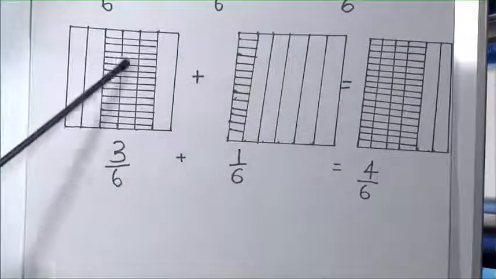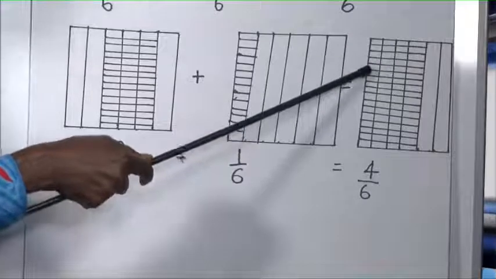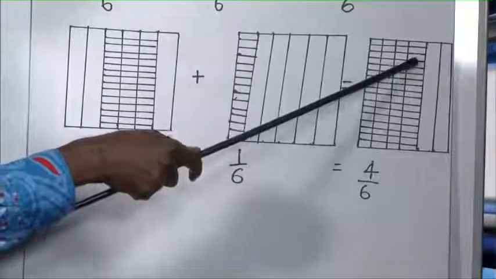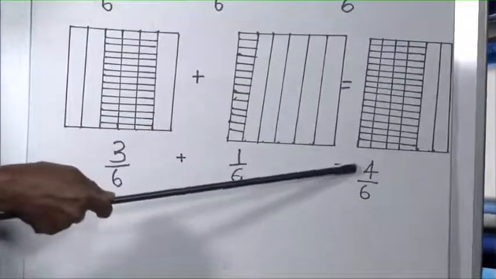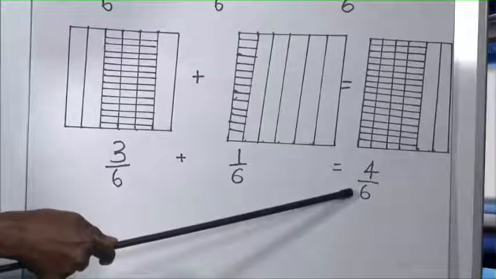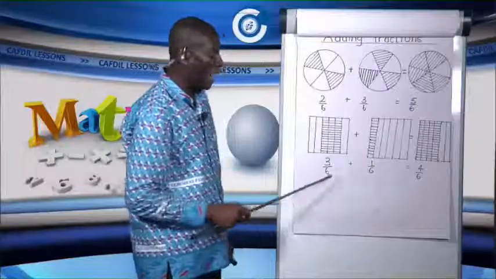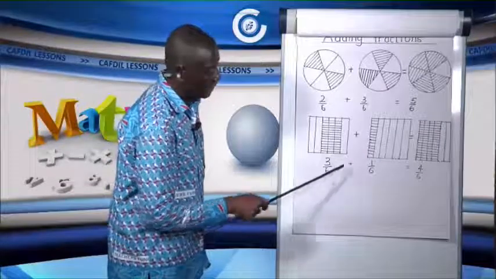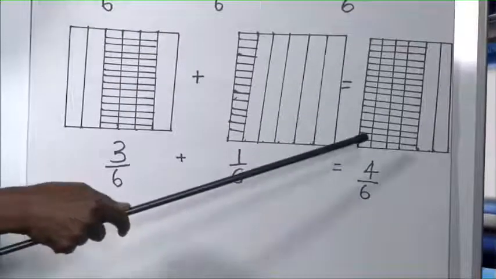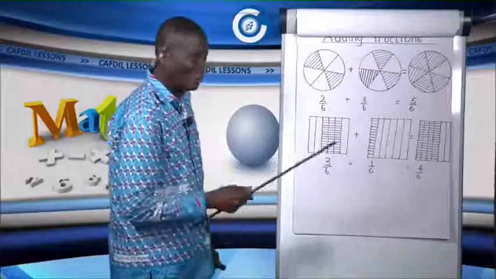The parts that were shaded are here. So count. 1, 2, 3, and 4. So what fraction is this? 4/6. And so if you add 3/6 and 1/6, what do you get? 4/6. Good. I hope you have enjoyed and you will continue to enjoy.